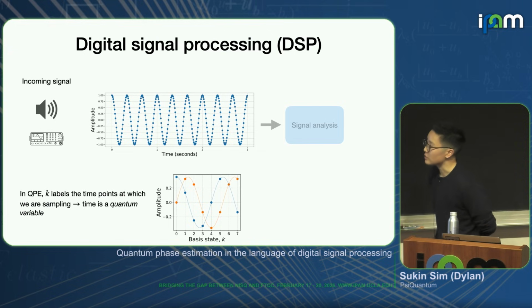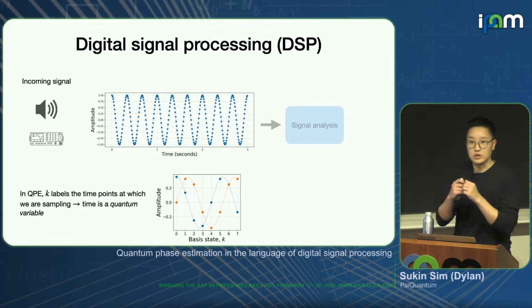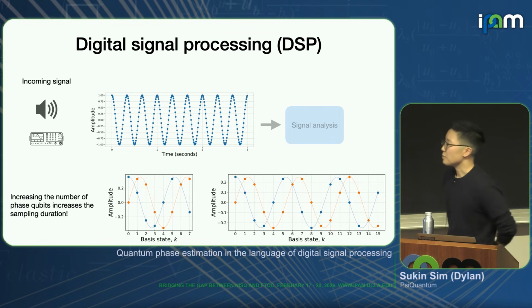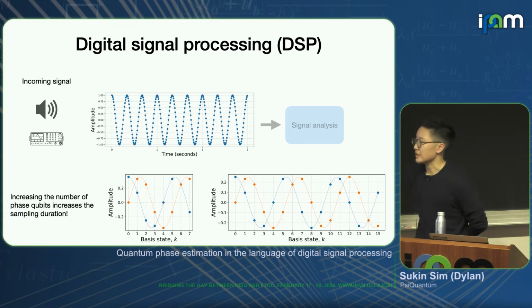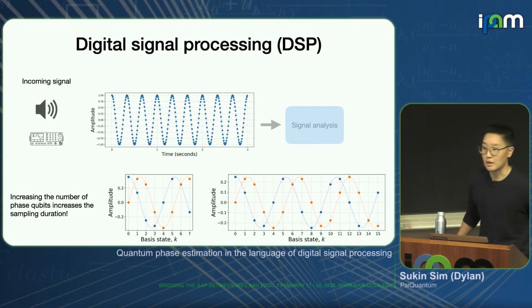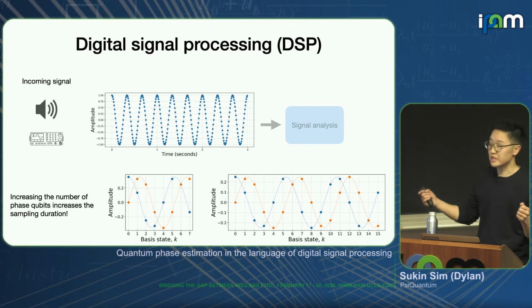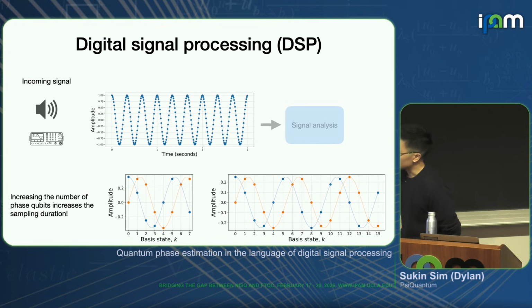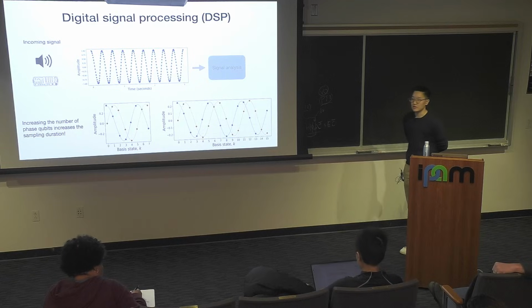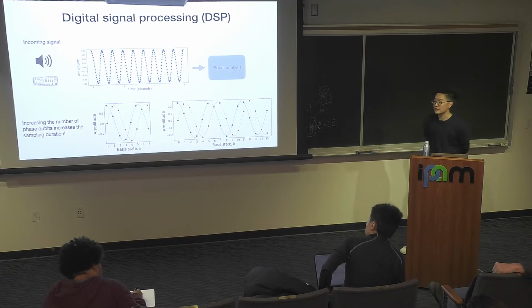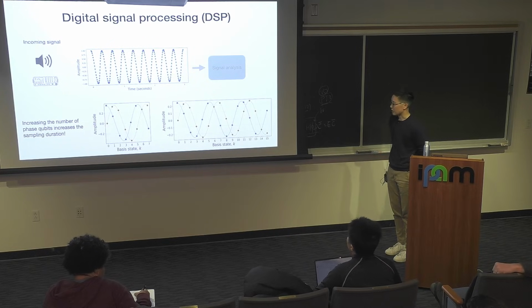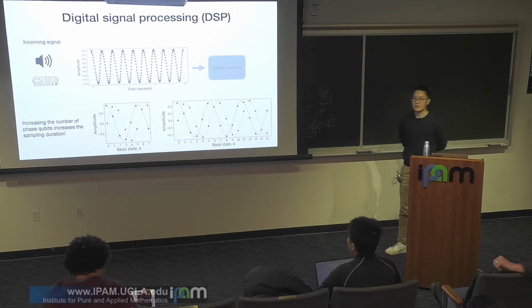The size of the phase register tells us the duration of time over which we're recording this signal. So by increasing the number of phase qubits in phase estimation, we're increasing the sampling duration of the same signal oscillating at the same frequency. On the left, the phase register uses 3 qubits, and therefore 8 different points of the signal. Once we add one more qubit, we have 16 discrete time points at which we're recording the signal.